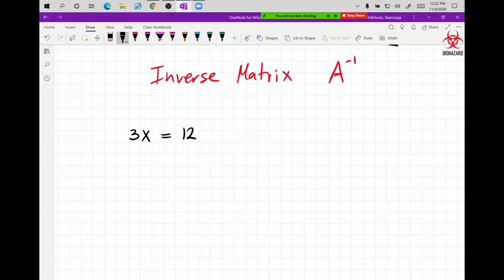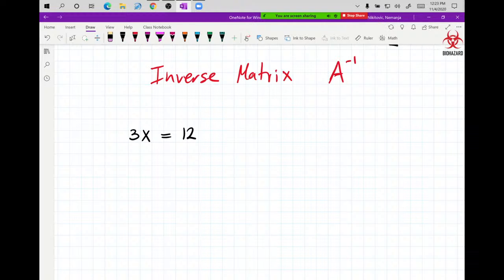3x equals 12. So how do you solve this? Well, you multiply by the inverse of 3, because 3 times its inverse is going to cancel down to 1, and then you have x alone. To solve a problem, you are looking for a way to remove this extra 3 that is in your way to have x alone.